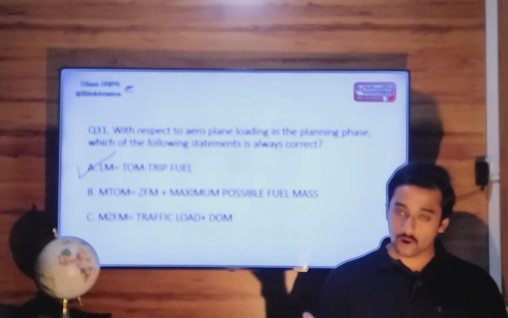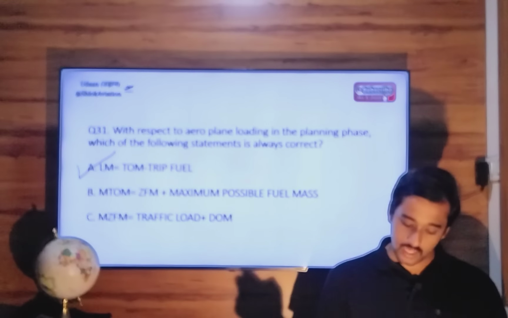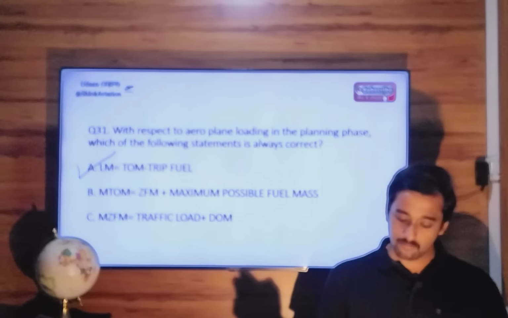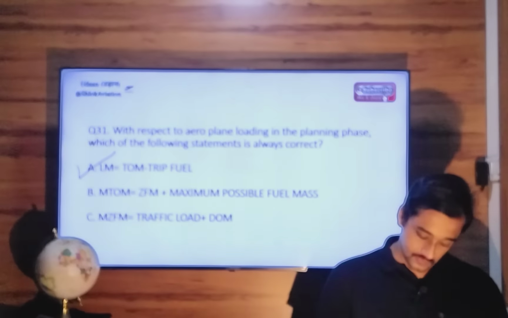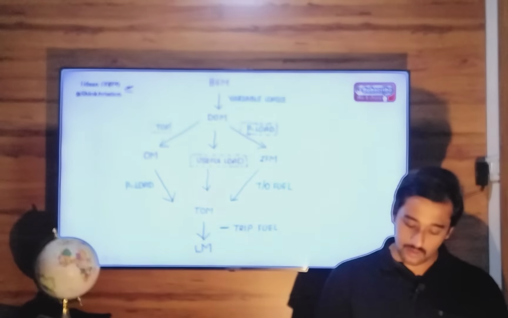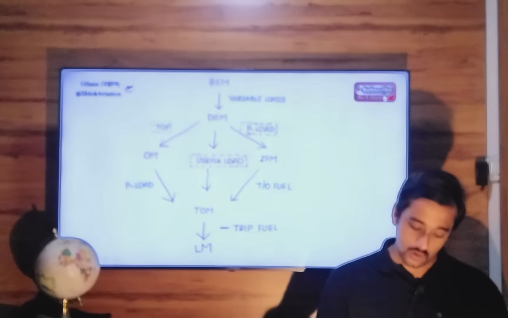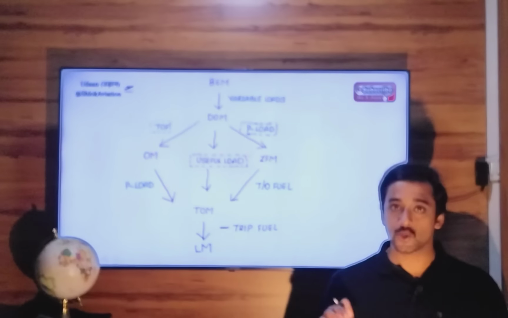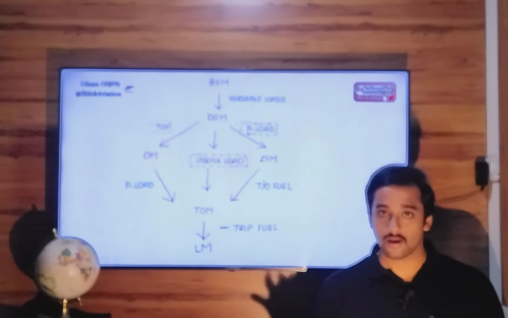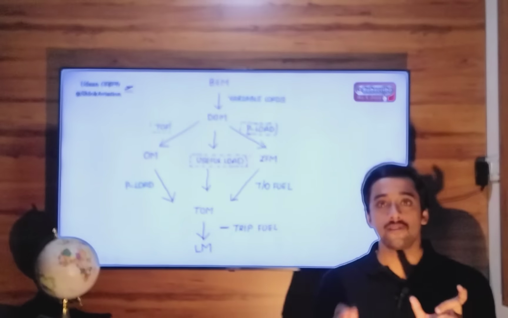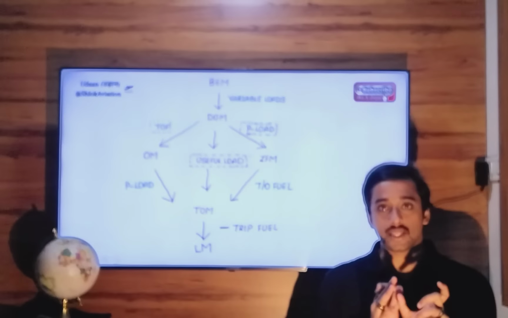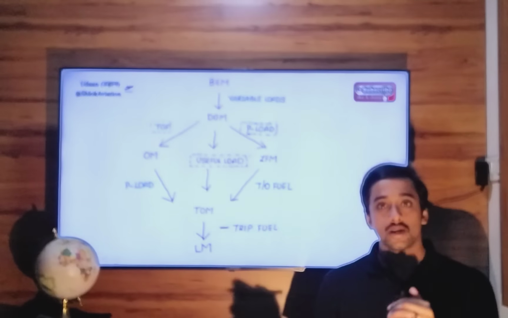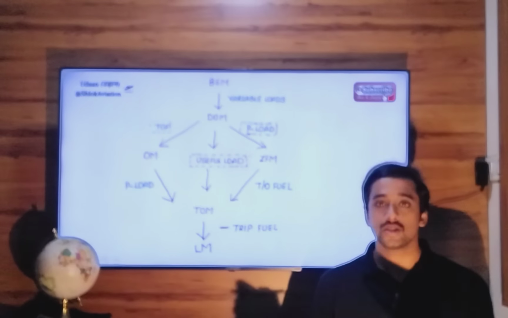Bravo. Maximum takeoff mass equals zero fuel mass plus maximum possible fuel mass. Maximum takeoff mass is equal to zero fuel mass plus takeoff fuel or fuel on board, that is going to be in your fuel tanks when the aircraft is lined up with the runway. That means this takeoff fuel will exclude from consideration your taxi fuel and engine startup fuel.